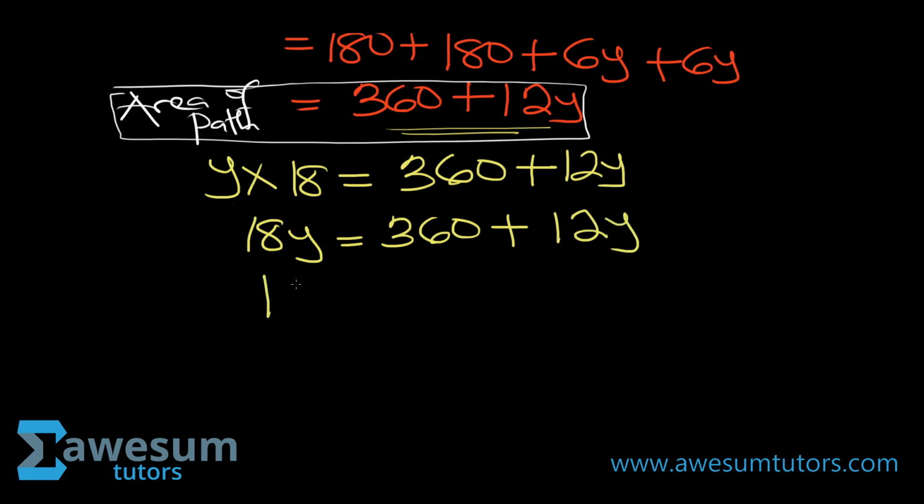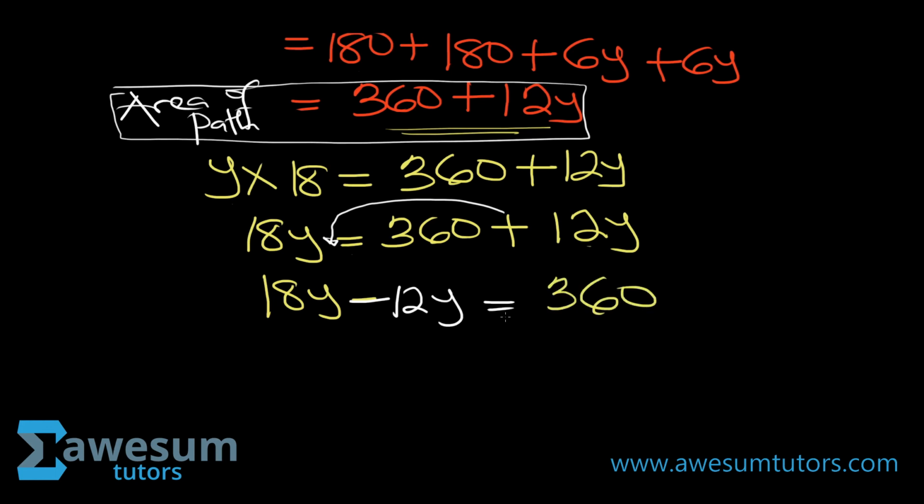Okay, now I can collect like terms. This is positive 12y. If positive 12y crosses the sign of equal to, it comes to this side and then it becomes negative 12y. Equals now to what? To 360. 18y minus 12y is 6y, equals 360.